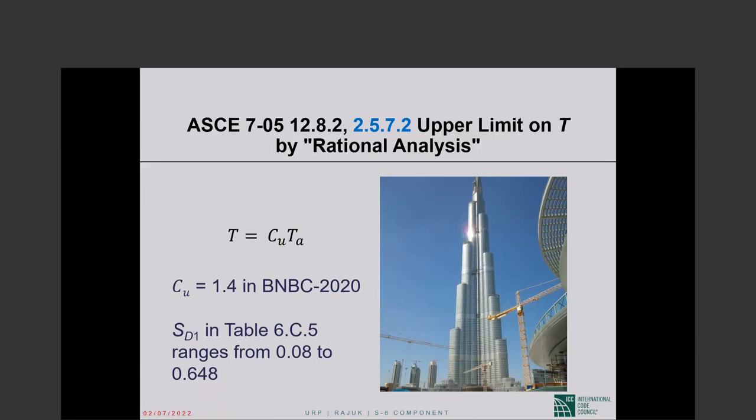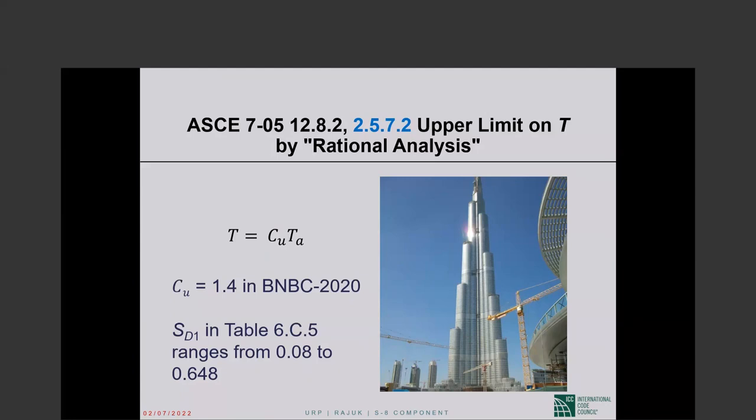So the rationally computed period is tied to the approximate period. Actually, in ASCE 7 seismic design or BNBC seismic design, you never get away from the approximate period.